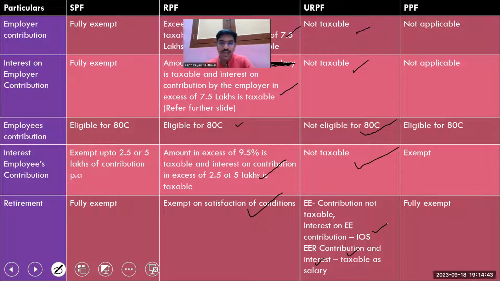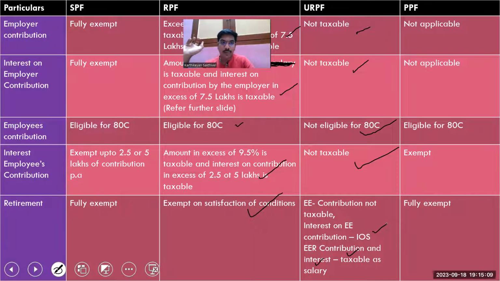But when the amount is received by the employee, the contribution of the employee is not taxable because that is his application of income. However, interest on the employee's contribution is taxable under the head income from other sources. The employer's contribution and interest on the employer's contribution are taxable as salary.